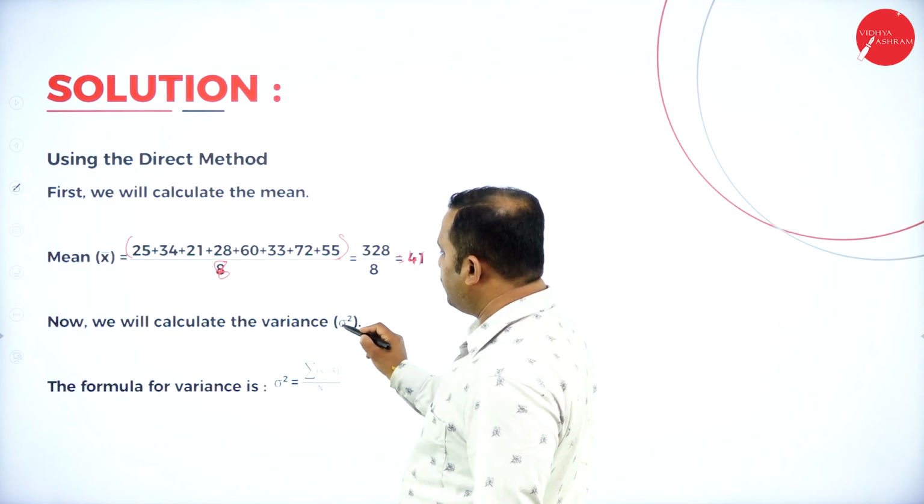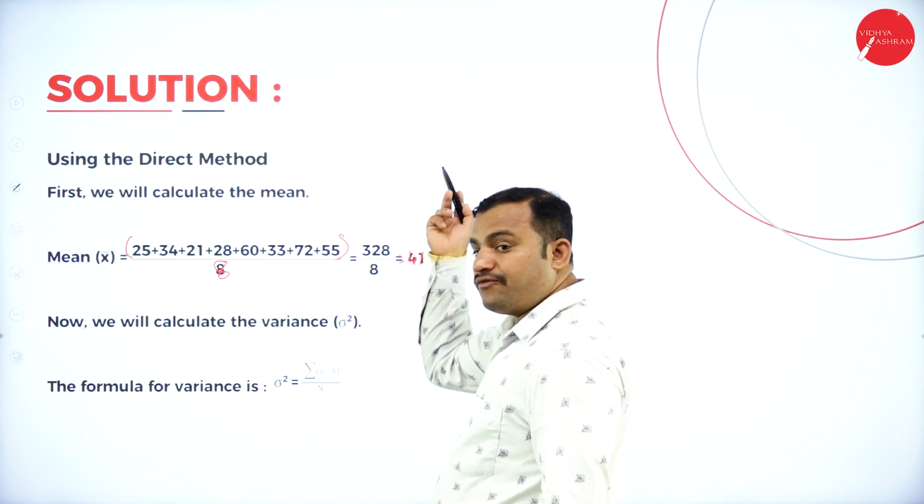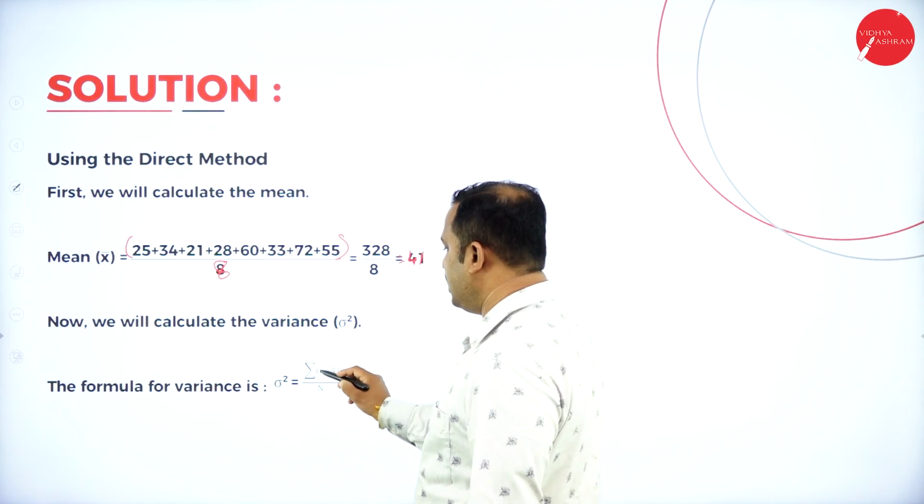Now we will calculate the variance. How can I calculate the variance? Using the formula as I have already discussed with you, that is xi minus x bar.